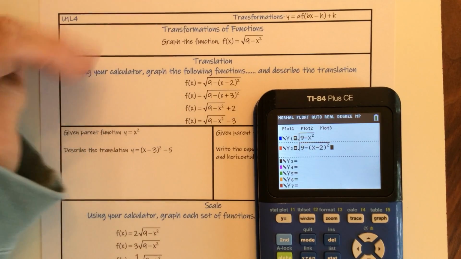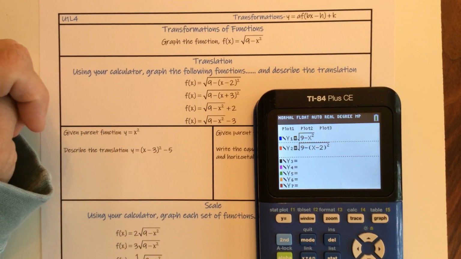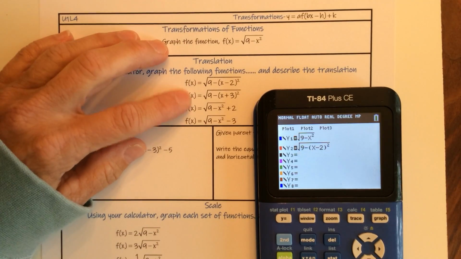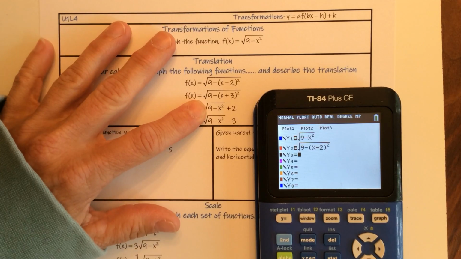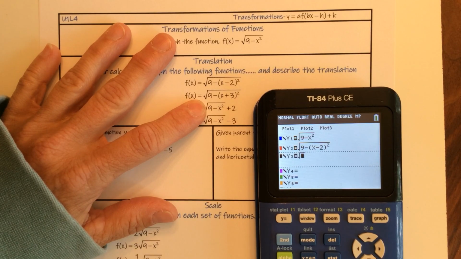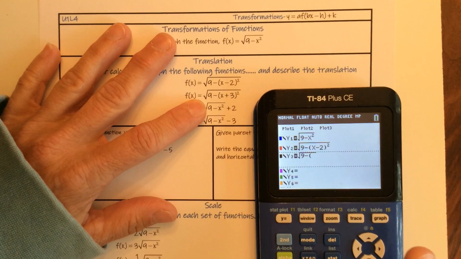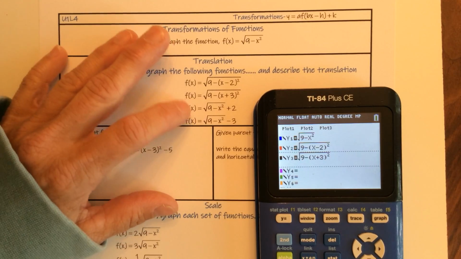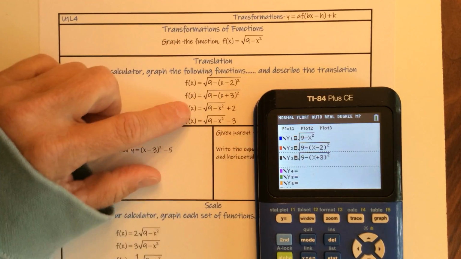Then I get out of the radical, use my down arrow key to go to y3, and put in the square root of 9 minus parentheses x plus 3, close the parentheses, and square it. I'll stop there, and we'll graph these first.